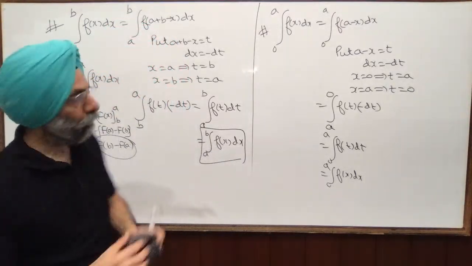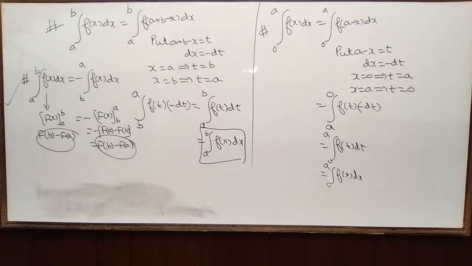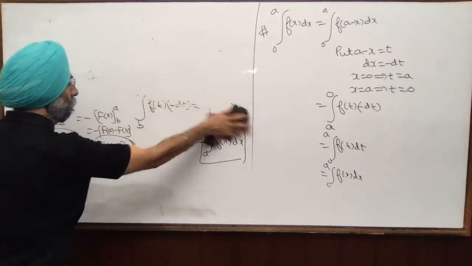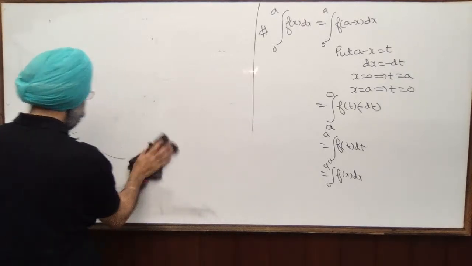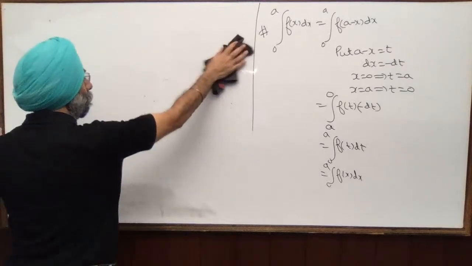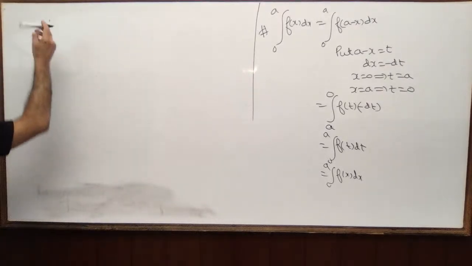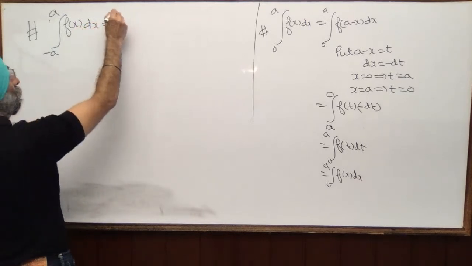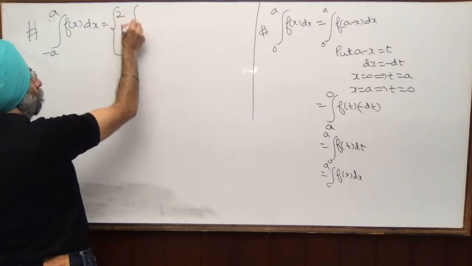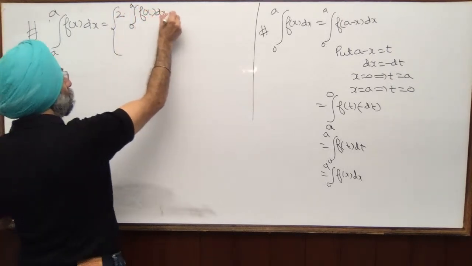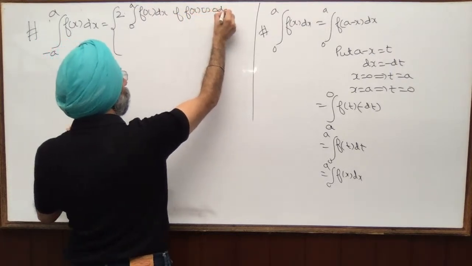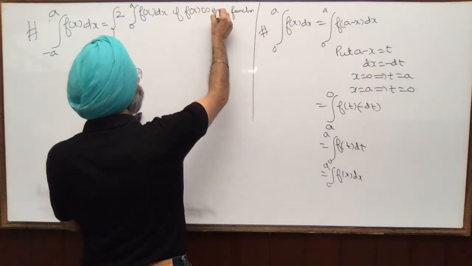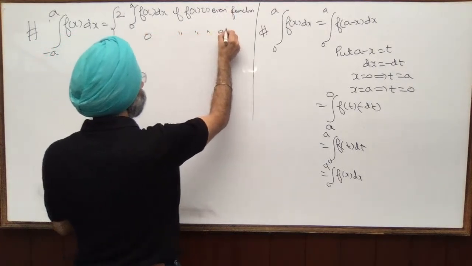Now the next property is: the integral from minus a to a of f(x) dx is equal to 2 times the integral from 0 to a of f(x) dx if f(x) is an even function, and is 0 if f(x) is an odd function.